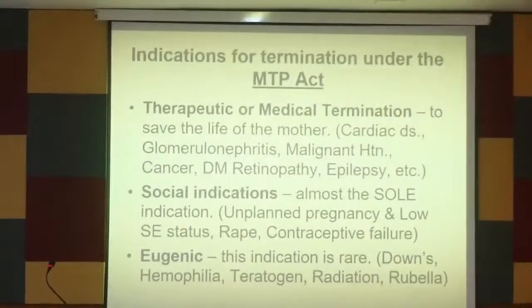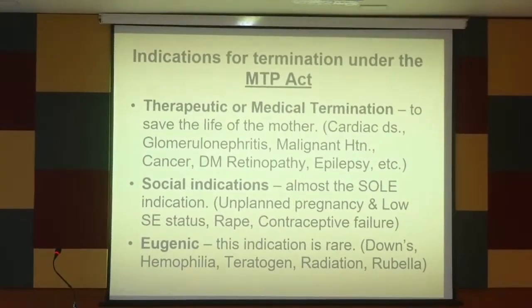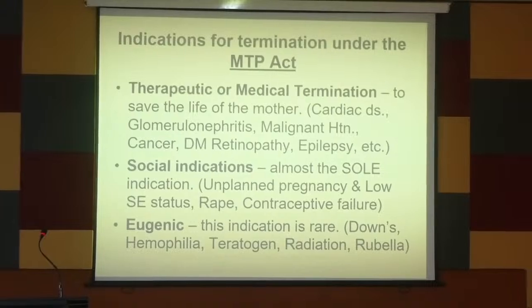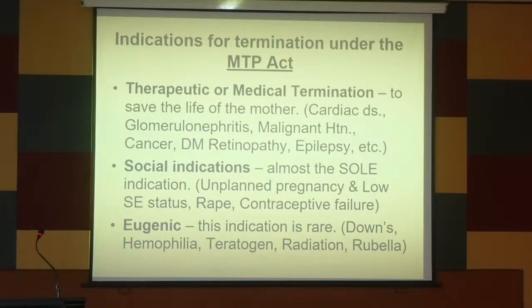This condition is rare. As I was telling you, Down's, hemophilia, teratogens, radiation, rubella. I had seen a case of teratogenicity. One of my patients was working in the Kolaghat thermal plant. Okay, the husband was there, and the wife later on also got a job. They were both happy that both husband and wife got jobs in the Kolaghat thermal plant.